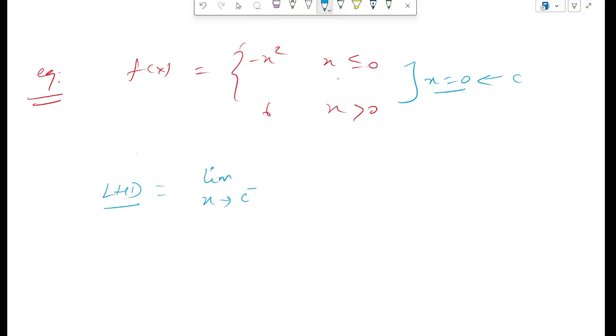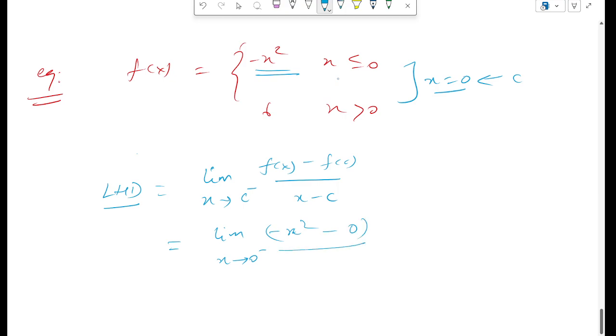We are writing the formula for now: (f(x) minus f(c)) by (x minus c). So in this particular case c is 0, so x tends to 0 minus, and f(x) at 0 minus means less than or equal to 0. This part of the function will come, minus x square, minus f(c) means f(0), same f(0) will be 0, and x minus c.